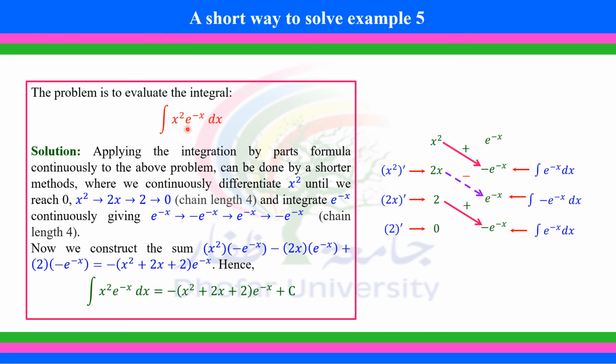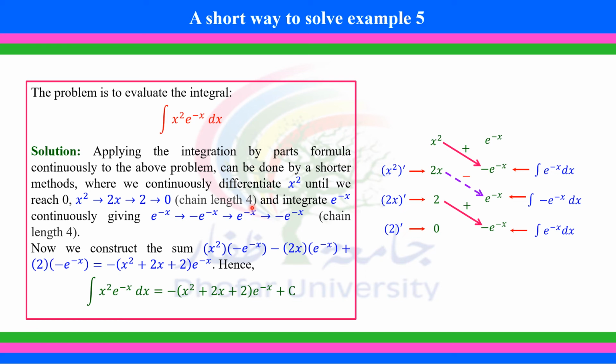And also we noted that the function e power minus x can be integrated consecutively. So if we integrate exponential minus x, we obtain minus exponential minus x. And if we integrate this function again, we obtain exponential minus x.